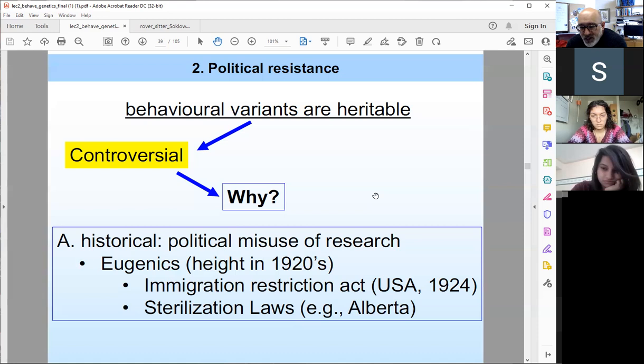Now, what's interesting is that those ideas of trying to improve the human race, and I'll say the human race because that's the language they used back then, you could do this by trying to support people to have kids. That is, the right kind of people should be having lots of kids. Or you can suppress the wrong types of people, the people who shouldn't be having kids.